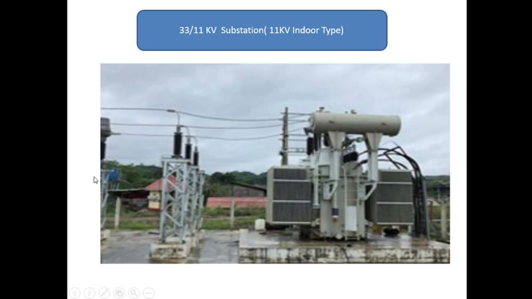Here it is outdoor type having breaker CT/PT outside the control room. So only for the 33 kV side breaker we need a control relay panel inside the control room, but for the 11 kV side all the panels are inside the control room.